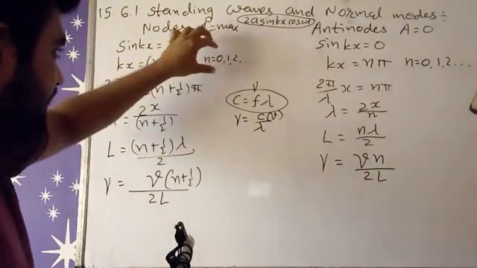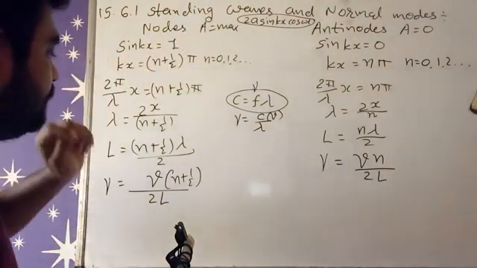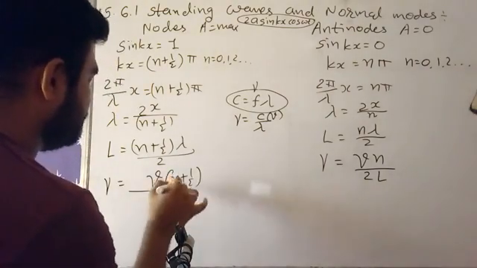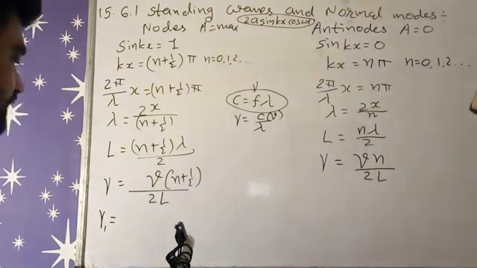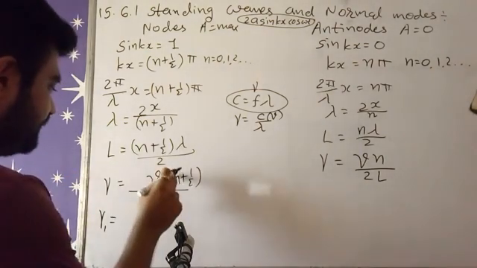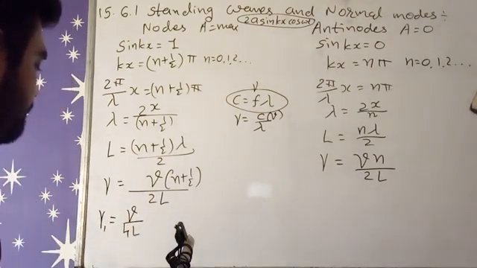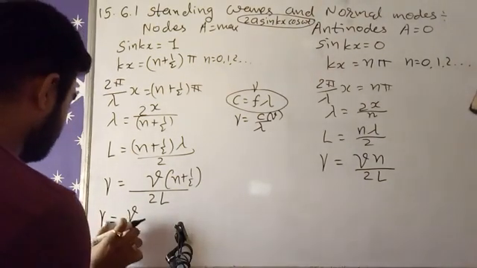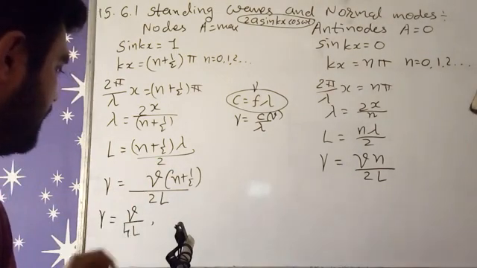Now we know that n has different values. For the first fundamental value we have to start from 0. So for example nu 1 is n equal to 0, so V upon 4L, simple. Now n is equal to 1.